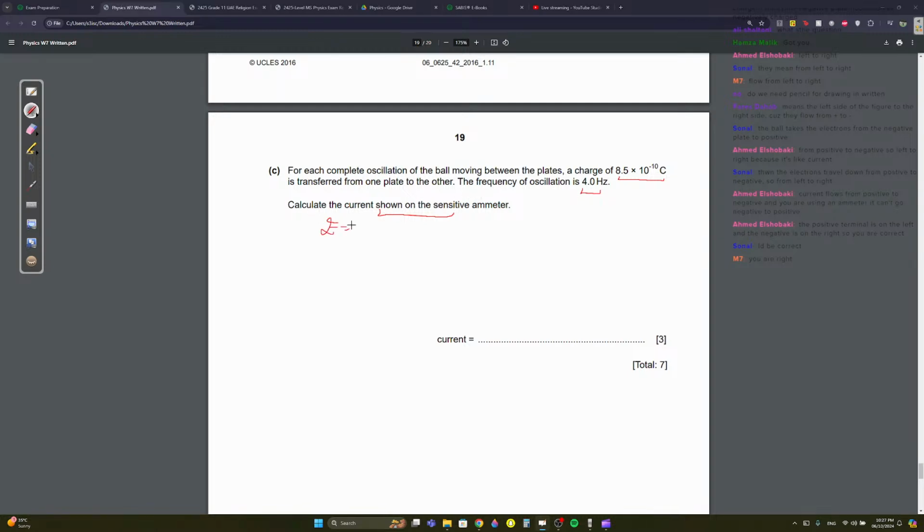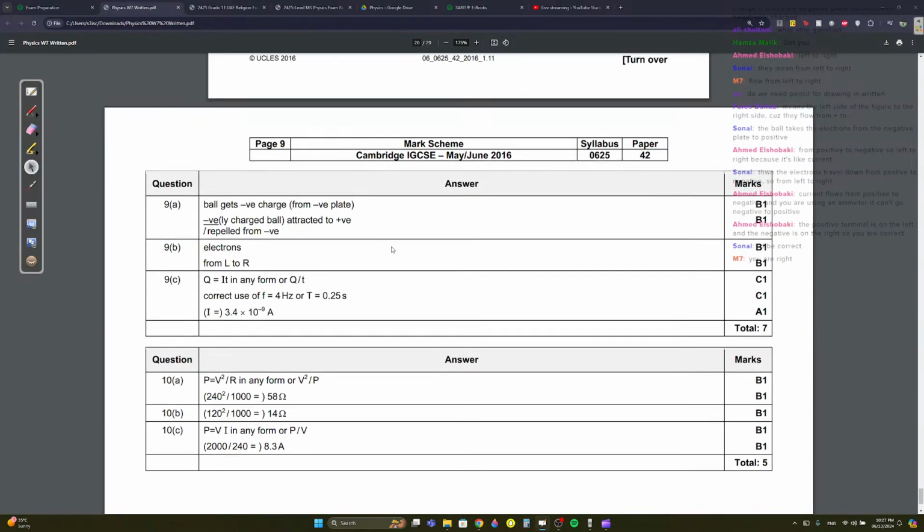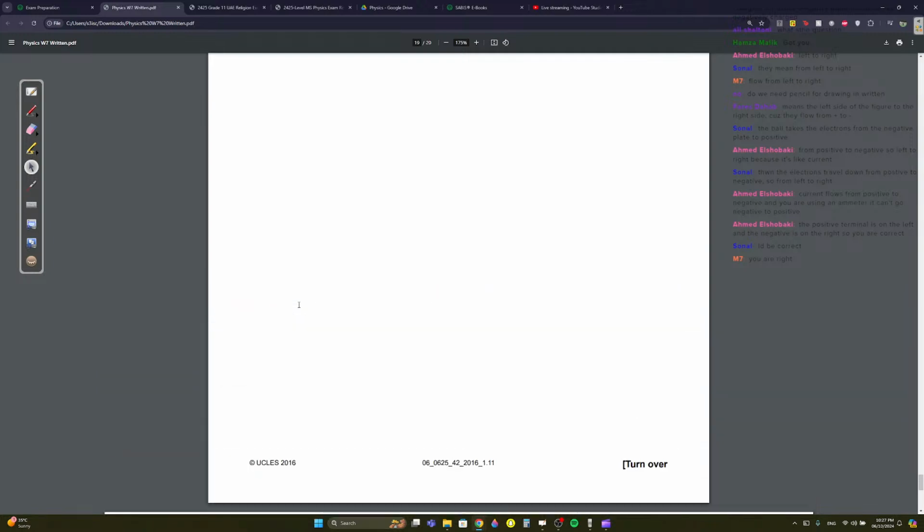The only equation with frequency is E equals hf. If you have the energy, you have the coulomb. Current equals Q over t, I don't know. How would you do this? Is there a formula I'm missing? Q equals It. Okay, correct use of f equals 4 Hertz.